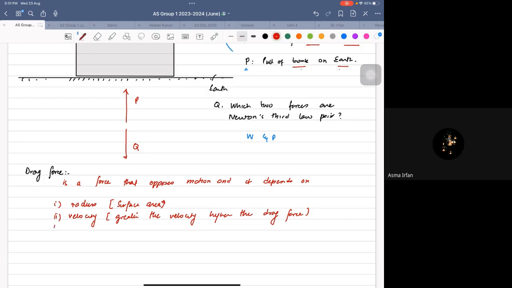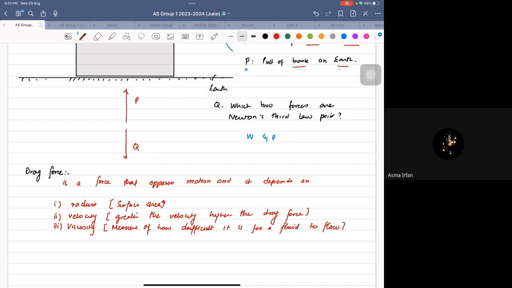The third thing is the viscosity. Viscosity is basically a measure of how difficult it is for a fluid to flow. Let me explain. Back in IGCSEs, you used to learn about air resistance.